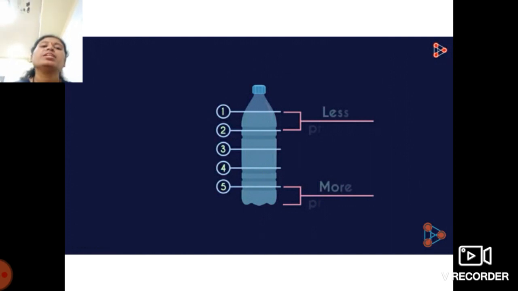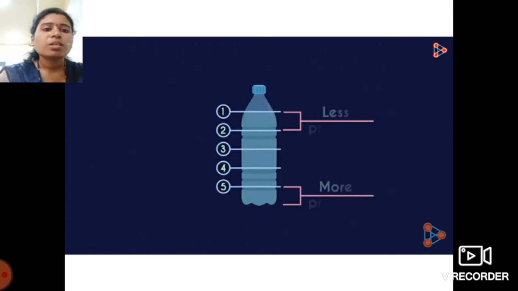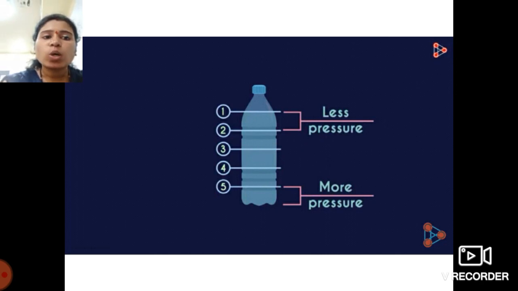The topmost layer has less pressure than the rest, so the bottom layer has more pressure if we compare these two layers.